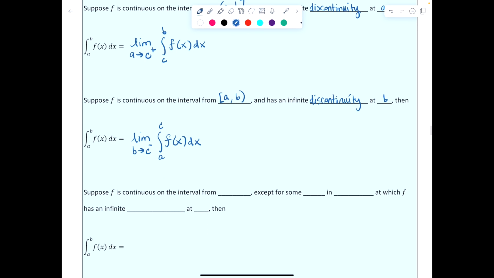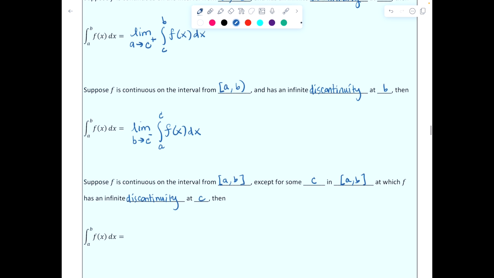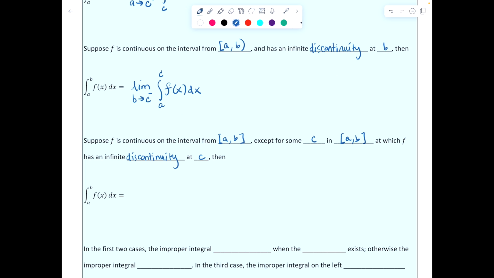Now, suppose that f is continuous on the interval from A to B, inclusive, except somewhere within the graph, some C in that closed interval from A to B, at which f has an infinite discontinuity at x equals C. Then we split it up.